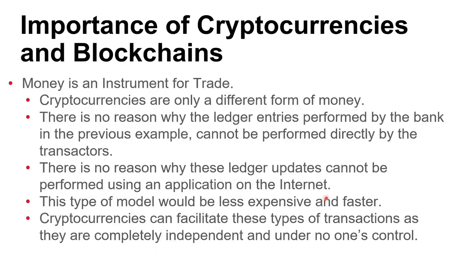This type of model would be far less expensive if the transactors themselves updated the ledgers directly. So cryptocurrencies can facilitate direct update of ledgers, therefore can facilitate these types of transactions completely independent and under no one else's control.